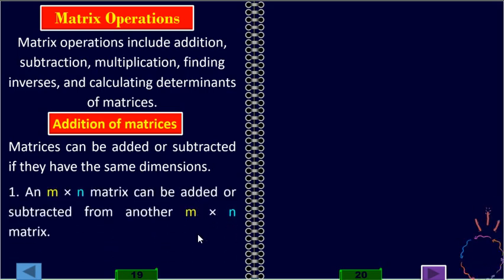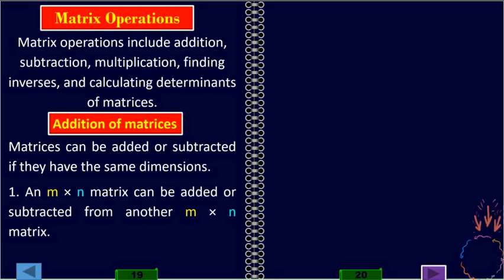Number 1, if we have a matrix of order m by n, and then we can add it to another matrix having another order m by n. That means they must have exactly the same dimension. They should be the same in size, and all the elements in the corresponding positions are the things we are going to add.